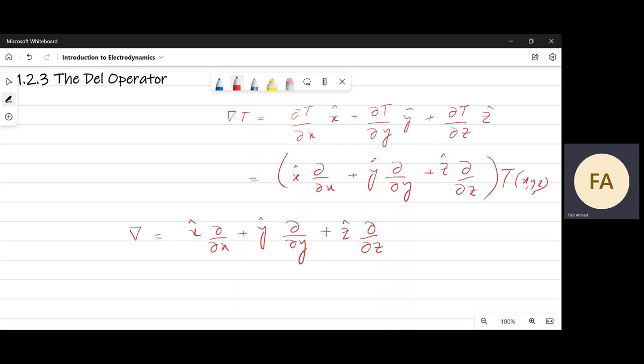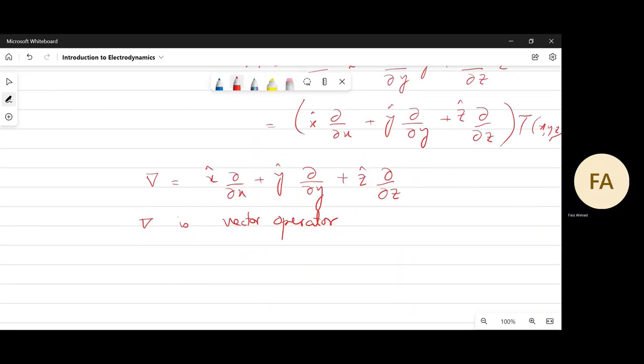So del is in fact, or some used to call it delta, a vector operator. It's not just a vector, it's a vector operator. And for gradient, as we saw, it's operating on a scalar function, so it defined the quantity of gradient.